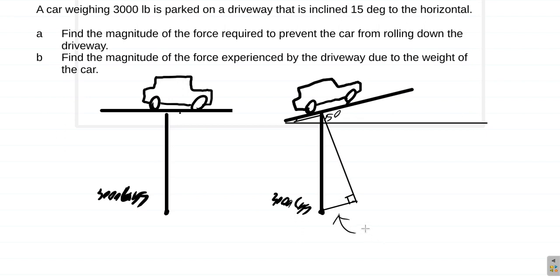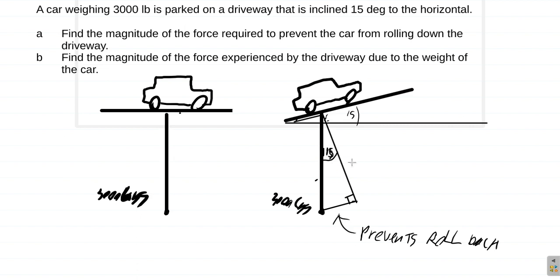This component prevents roll, R-O-L-L, rollback. That is a component that would prevent rollback. And this angle would be 15, right? Remember, we have a 15 degree here. If this is tilted at 15, this would also be 15 degrees, all right?